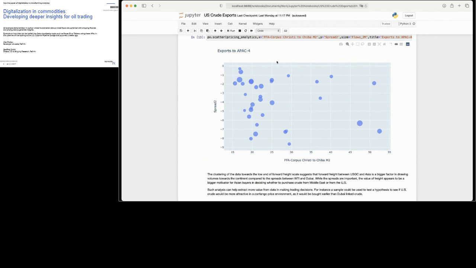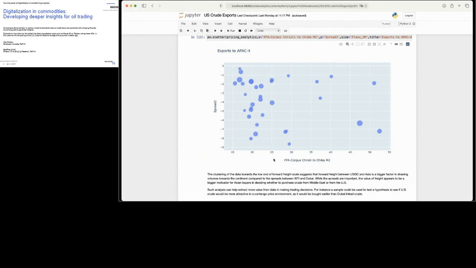The gradation of trade volumes that you can see here towards the lower end of the scale for forward trade suggests that in drawing volumes toward the continent, the forward freight is a bigger factor than the spreads between WTI and Dubai. While the spreads are important, of course, the value of freight appears to be a bigger motivator for Asian buyers in deciding whether to purchase crude from Middle East or from the US.